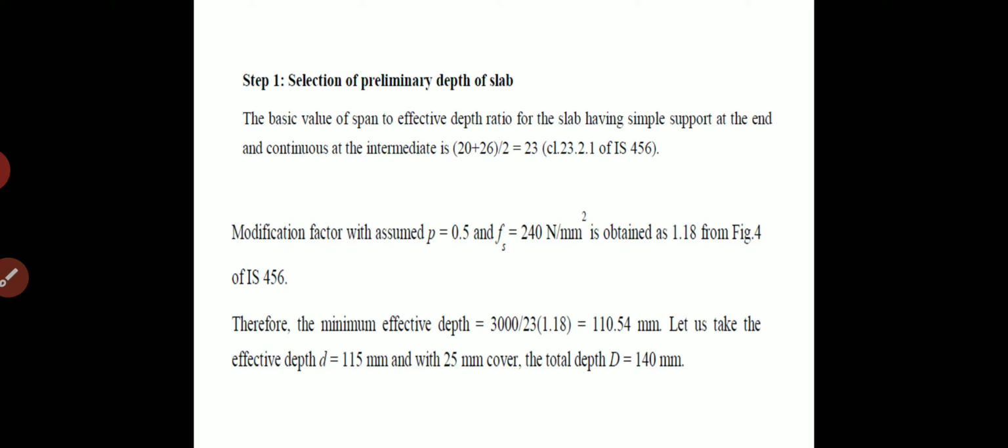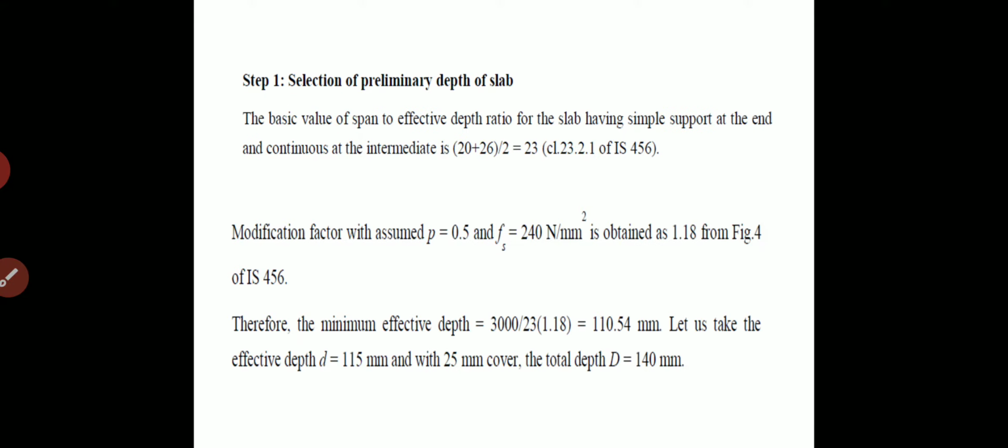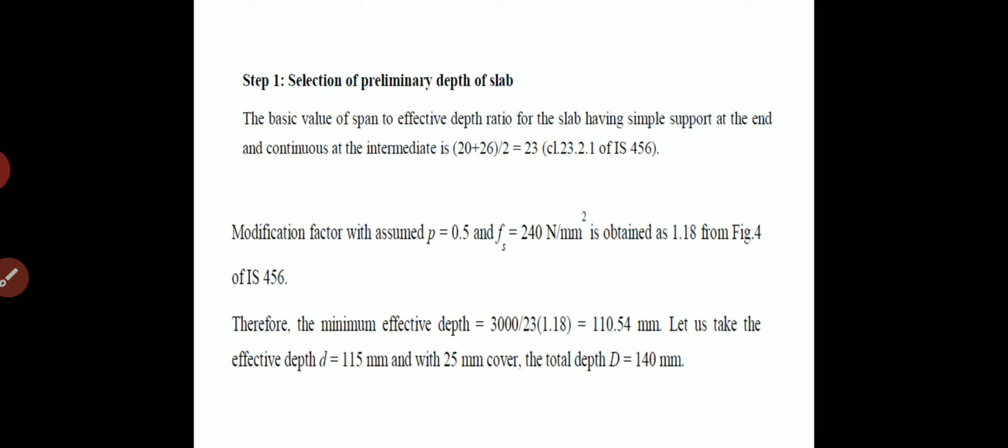The minimum effective depth: for effective depth, we have 3000 divided by 23, which is obtained above. So here the value is equal to 110.54 mm.